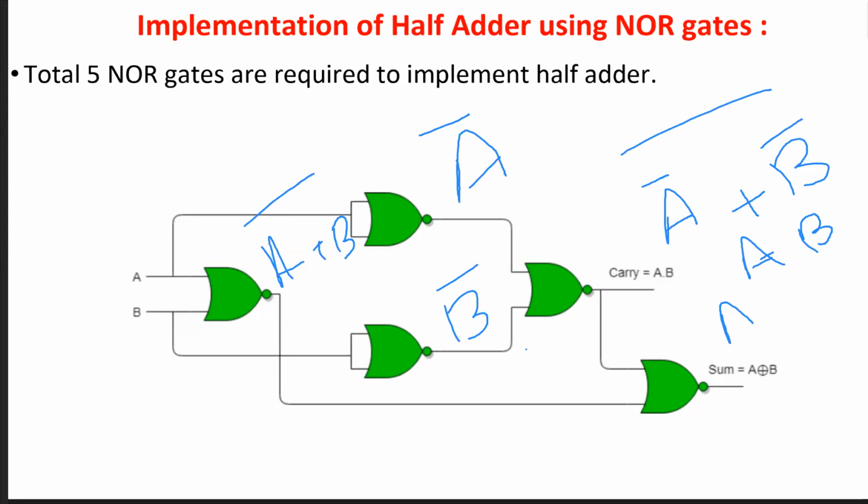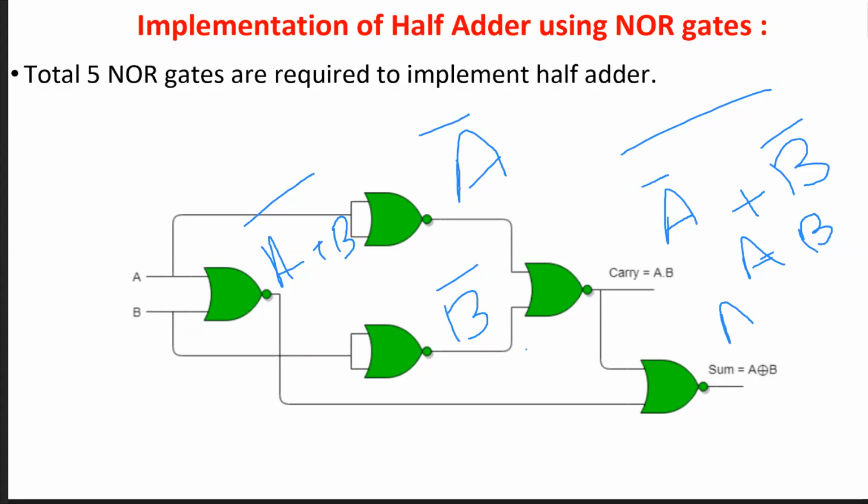See, the output of the first NOR gate gives me (A plus B) the whole complement. It's the invert of OR. The upper NOR gate gives A complement. The third gate gives me B complement. So A complement, B complement goes to the fourth NOR gate. So I have (A complement plus B complement) as my input, the whole complement.